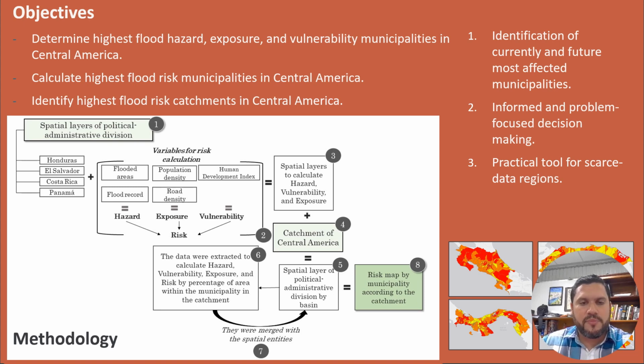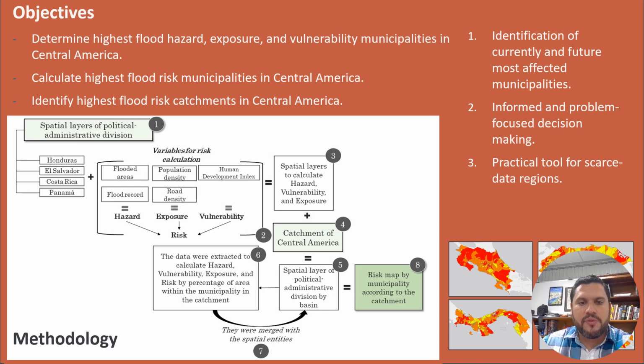For the calculation of the exposure, we use population density and the road density. We use a lot of information from satellite data, artificial intelligence, and machine learning using satellite information, and then the extrapolation to the known infrastructure in land. So they combine population data with satellite information.